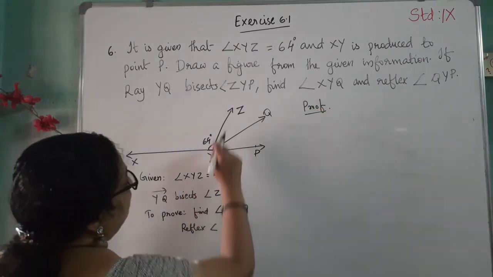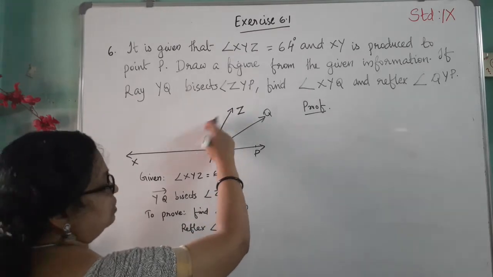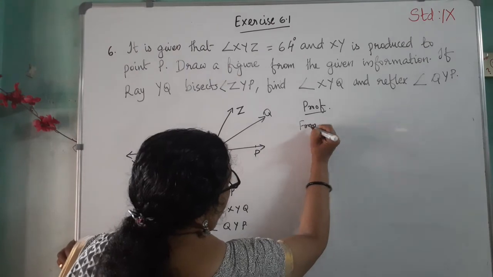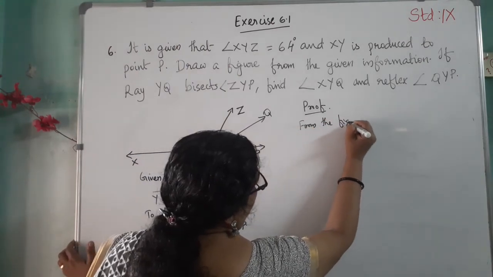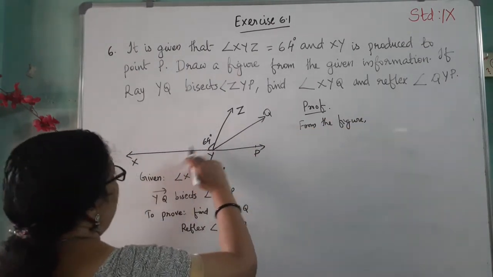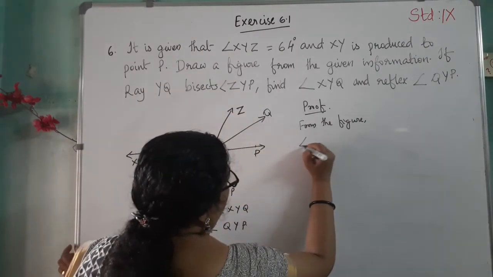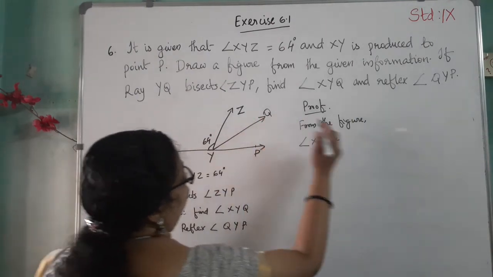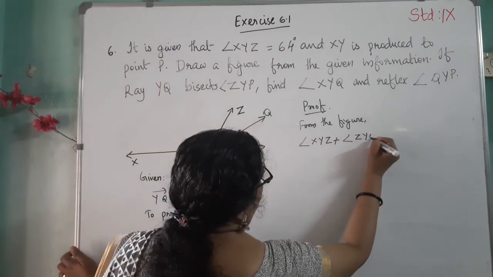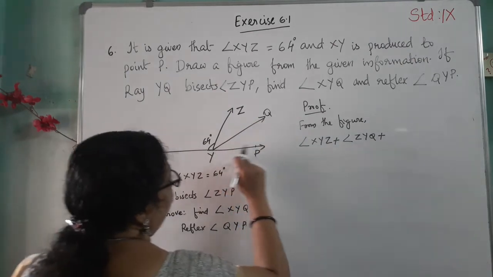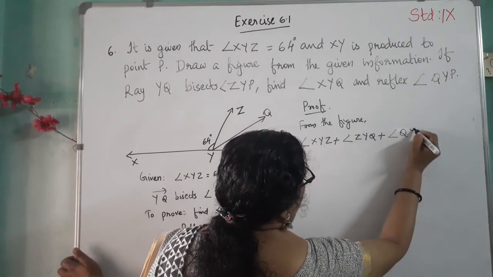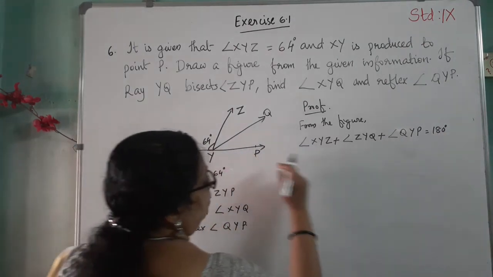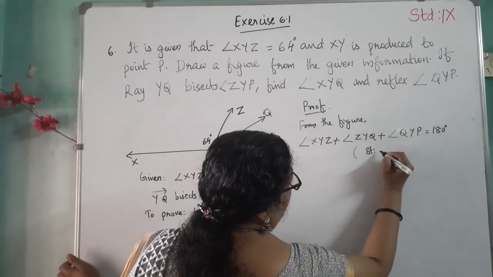It is given angle XYZ equals 64 degrees. So from the figure, we can write angle XYZ plus angle ZYQ plus angle QYP equals 180 degrees, because XP is a straight line.